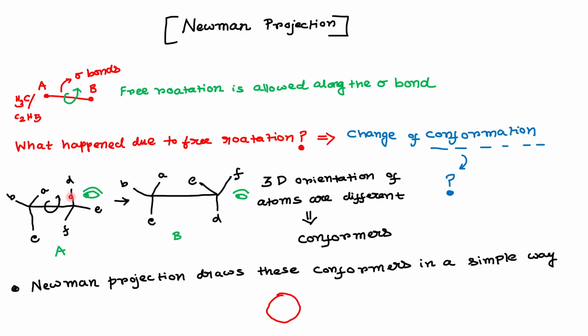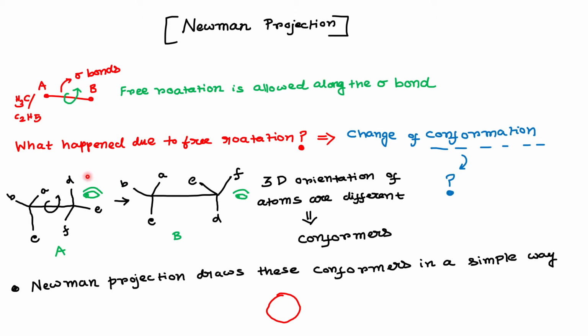In this case the D group is in the upward direction, but in this case the D group is in the downward direction. This occurs due to free rotation along this sigma bond. If you rotate this group along the sigma bond, D will come down, the F group will come towards the right side, and the E group will come around the left side, and we will reach this structure.